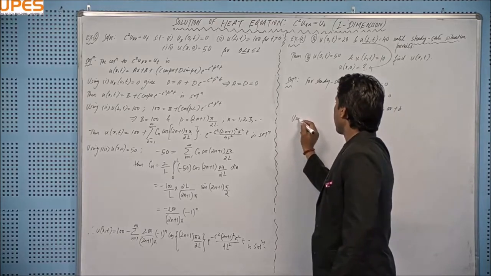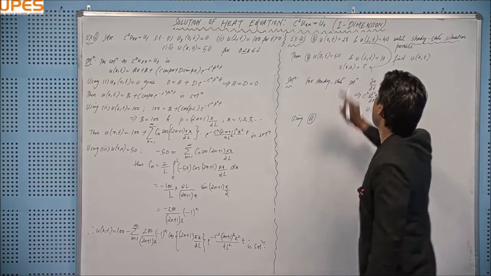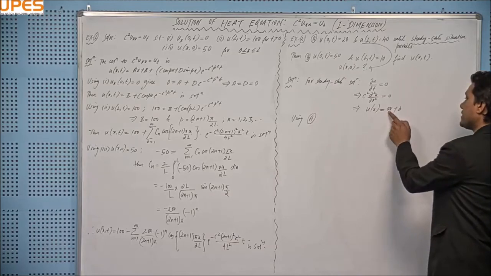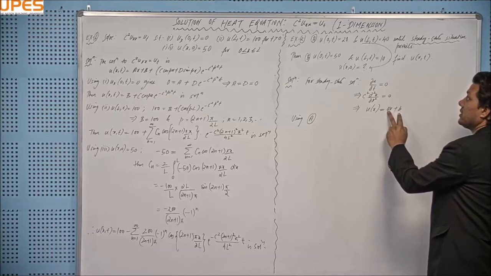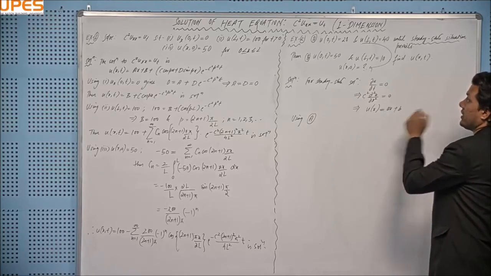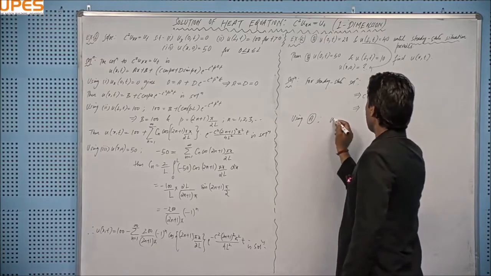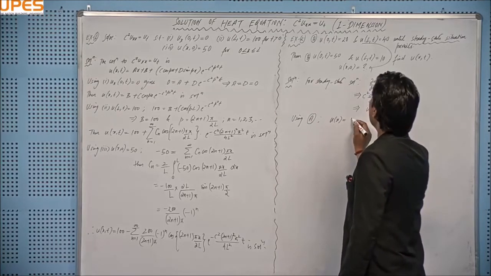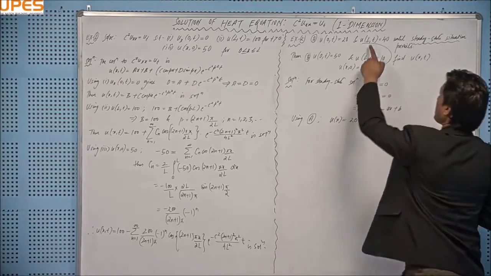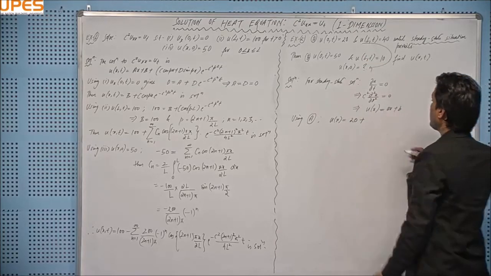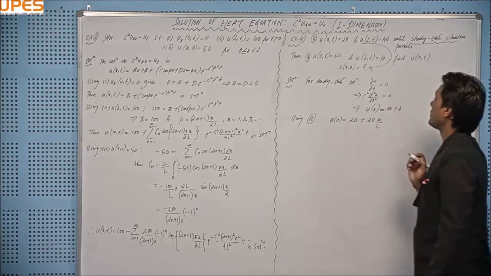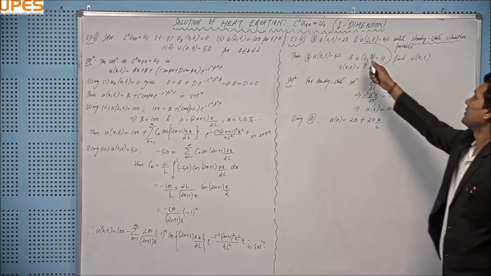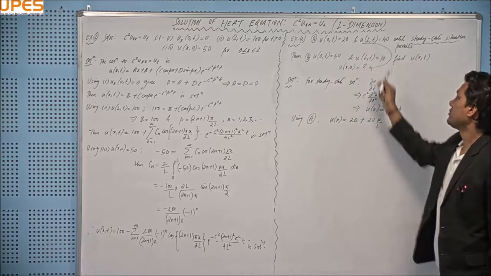Using those conditions and plugging them here, I will get the values of a and b. b will be 20 and a will be 20 over L. Using A, u(x) is equal to 20 plus, using this condition here, 40 minus 20, that will be 20x over L. You can plug in x equal to 0 and get 20, put x equal to L and get 40.